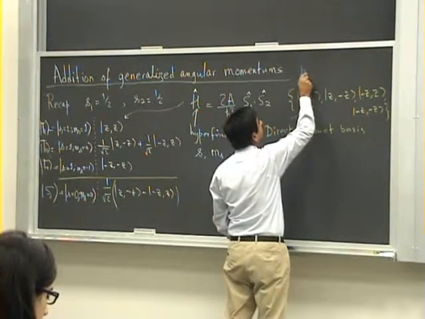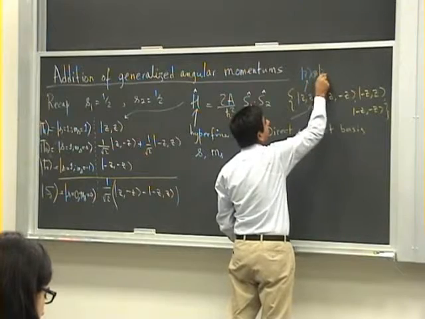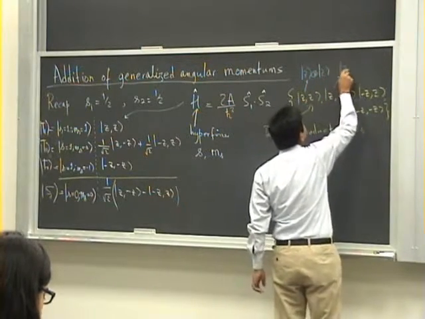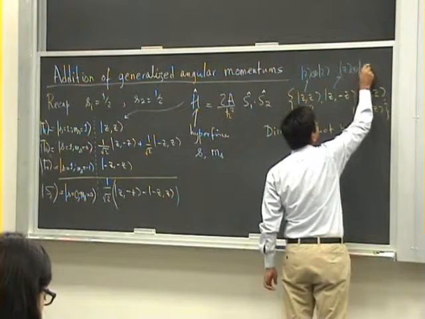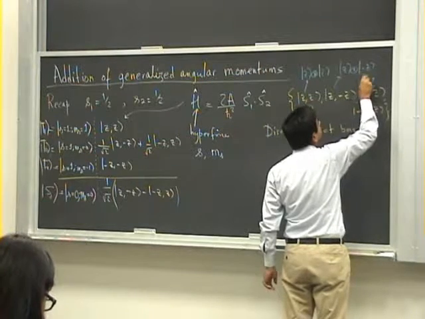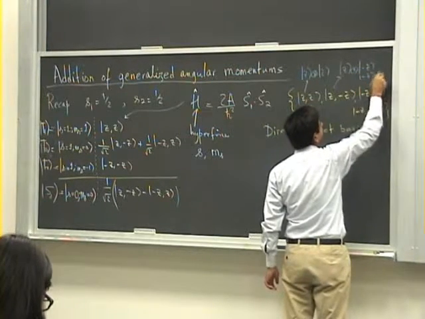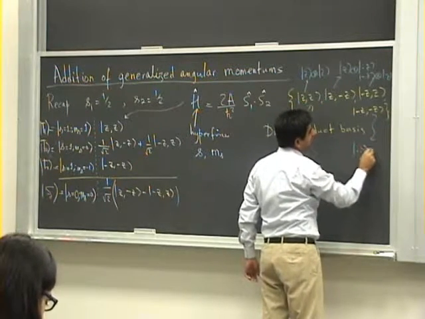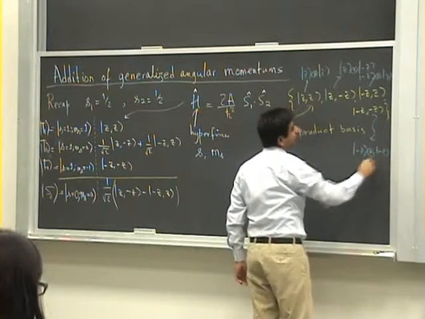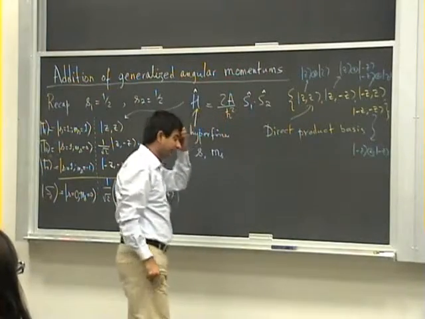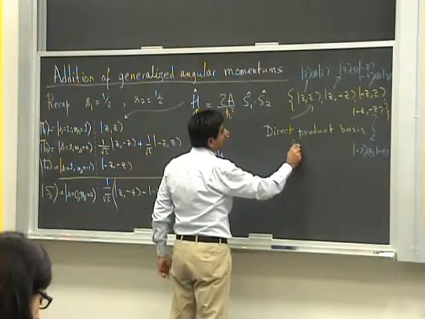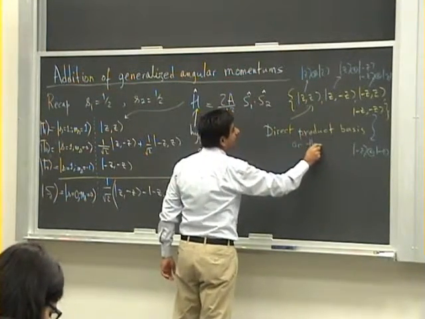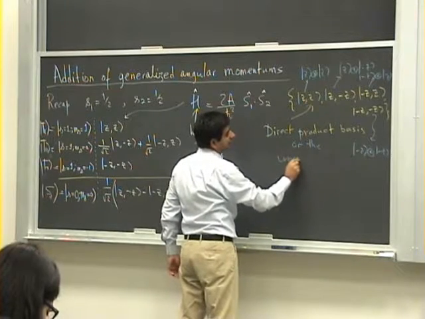For example, this is ket z tensor z. This is ket z tensor minus z. This is minus z tensor z. And this is minus z tensor minus z. So this is called the direct product basis or the uncoupled basis.